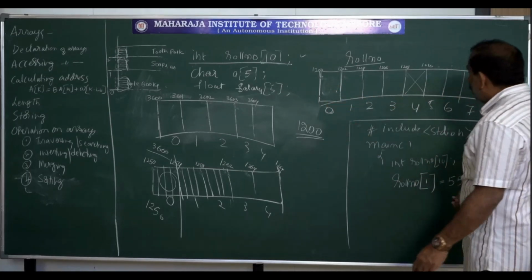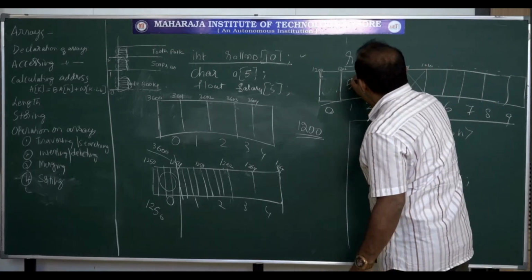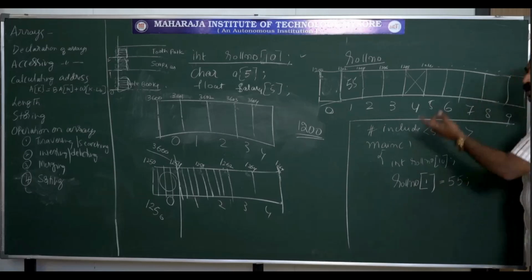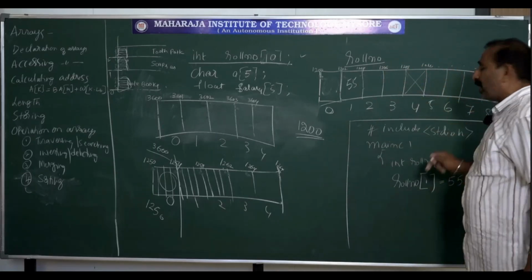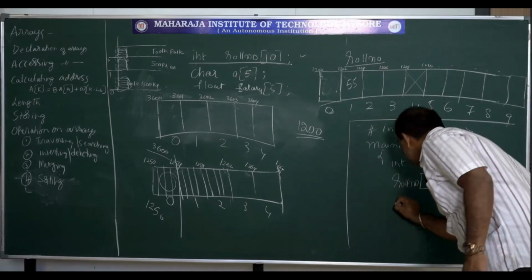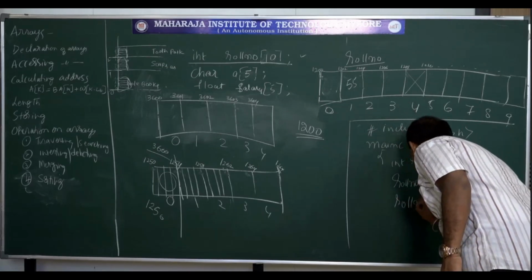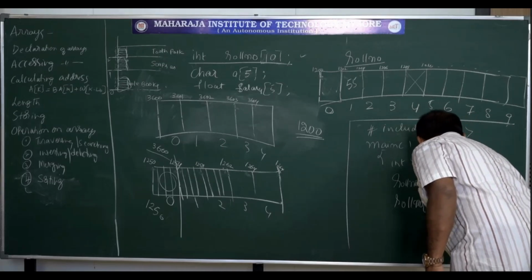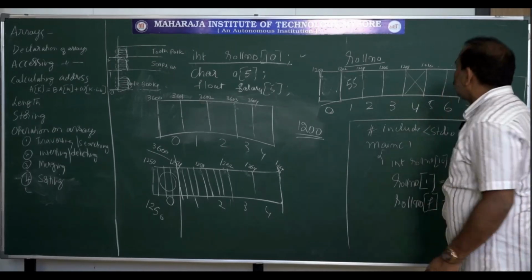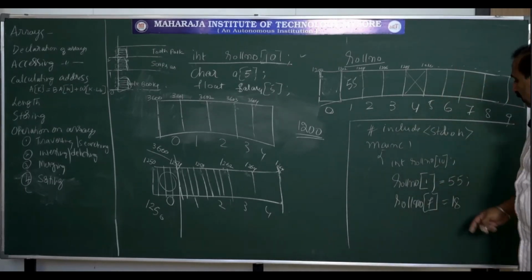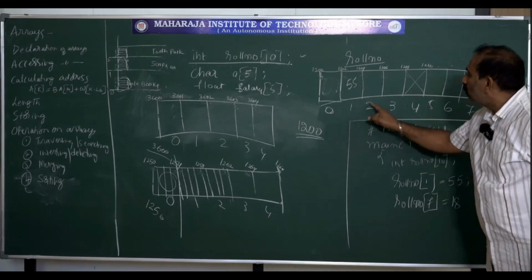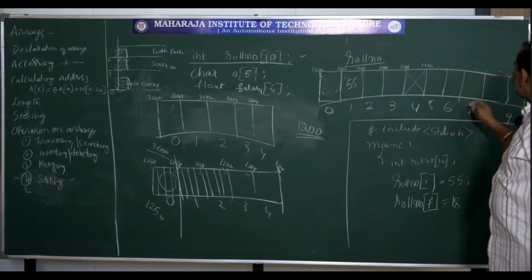So therefore, 55 is stored here. I would like to store 55 into an index value called 1. I can write like this. Now, roll number of 7 is equal to 18. What does it mean? Go to the 7th indexed value, 0, 1, 2, 3, 4, 5, 6, 7, this one.